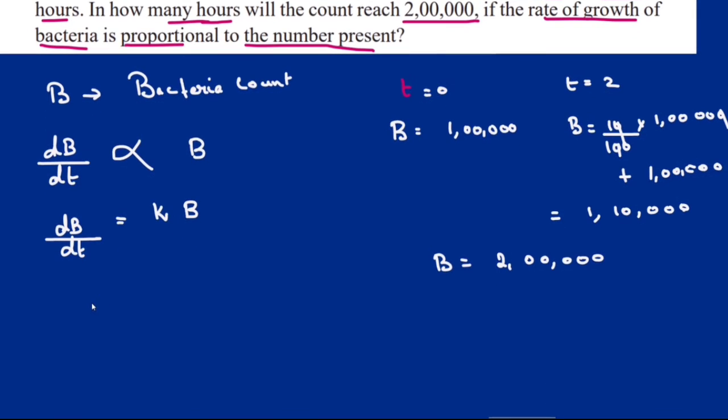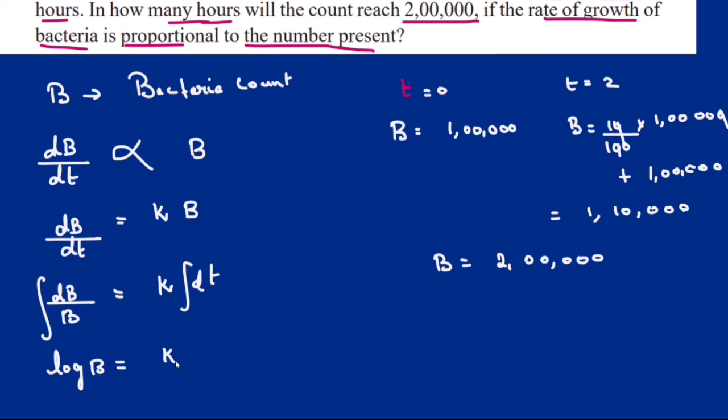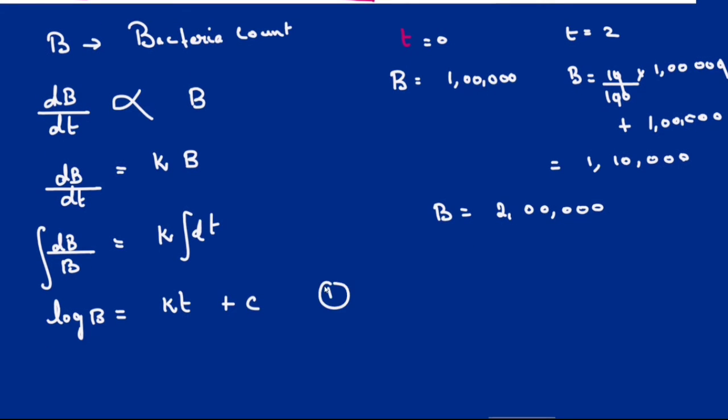Now let us integrate this and find B. Separate the variables. So dB by B is k into dt. So integrate this. So we will get log B is kt plus C. Now there are two constants, so let us use the two conditions given. Let us use the first condition.